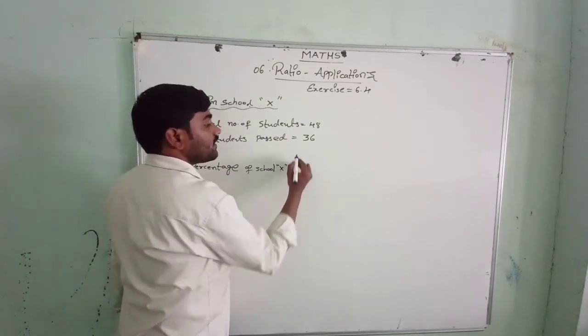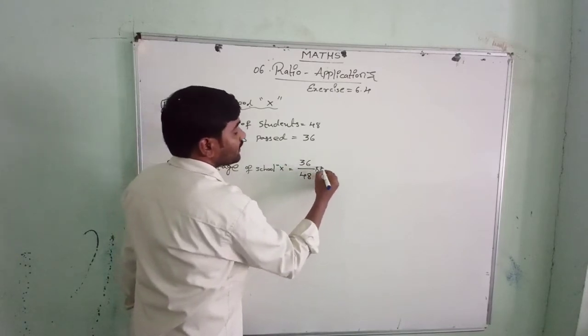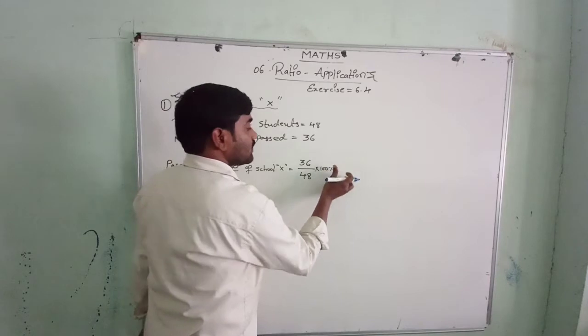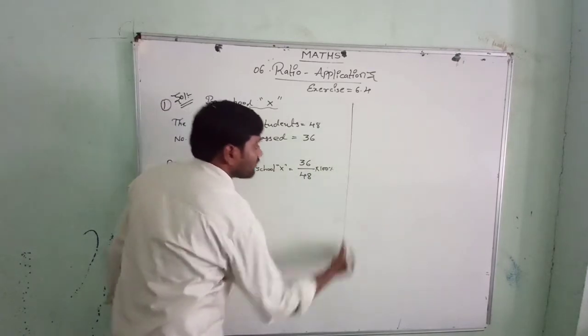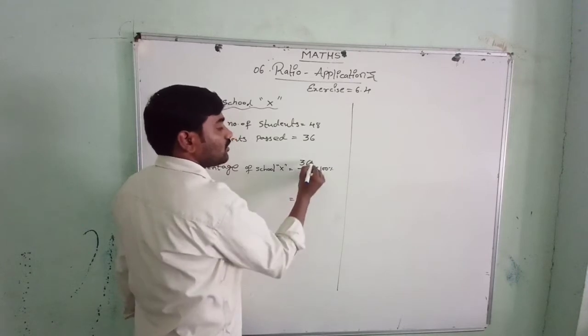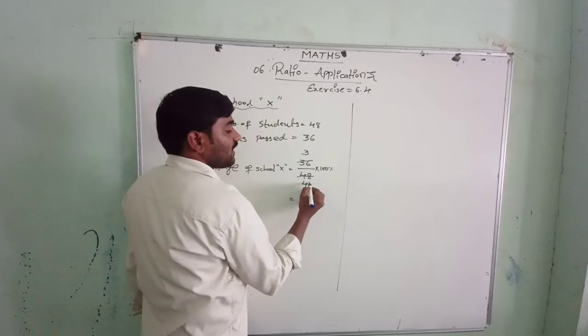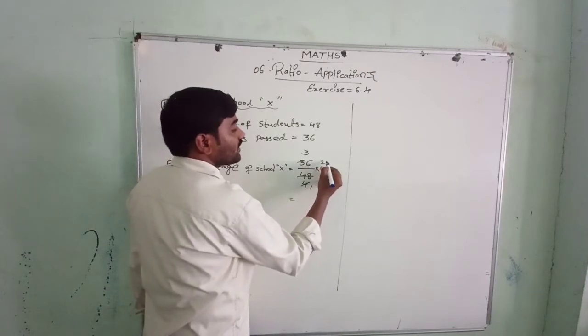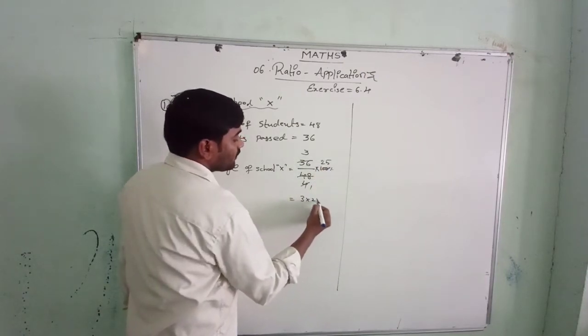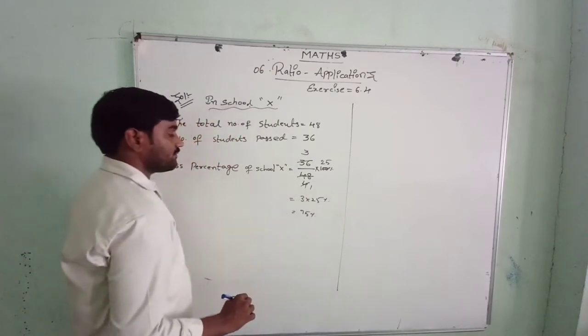How will you find it? The number of children passed divided by the total number of children, into 100%. For every 100, that equals 100%. See, 12 3s are 36, 12 4s are 48, and 4 1s are 4, 25s are 3 into 25%, that equals 75%.